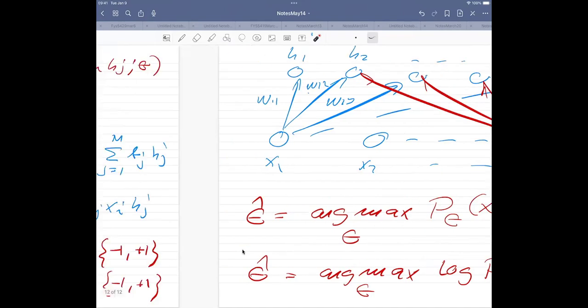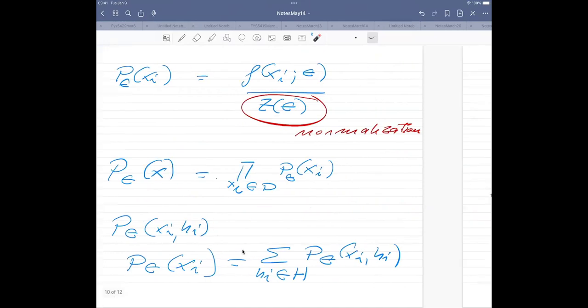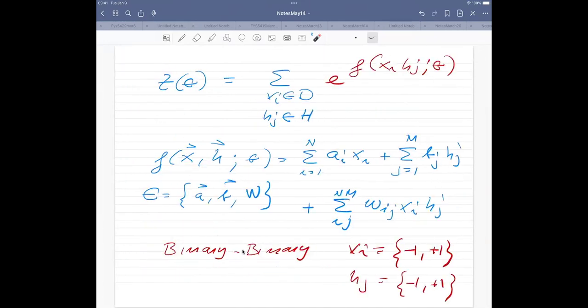There's a reason why they are tricky to train, because the nasty part lies here. Just think of a binary case. If I have 100 visible nodes and 100 hidden nodes, then this sum will run over 2 to the power of 100 configurations.